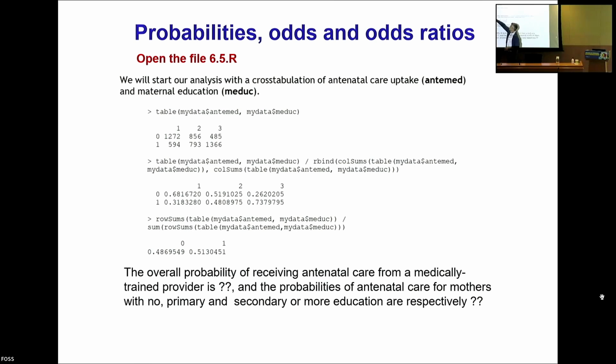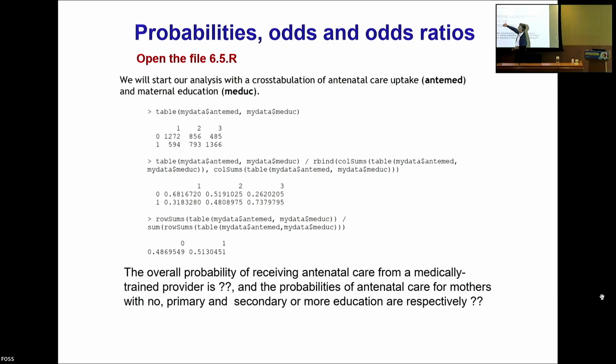So we can calculate, for example, the column percentages. So 68% of mothers who had no education had no antenatal care, and 32% of mothers with no education had received some antenatal medical care. You contrast that with the educated mothers. So 3 is secondary school or higher.